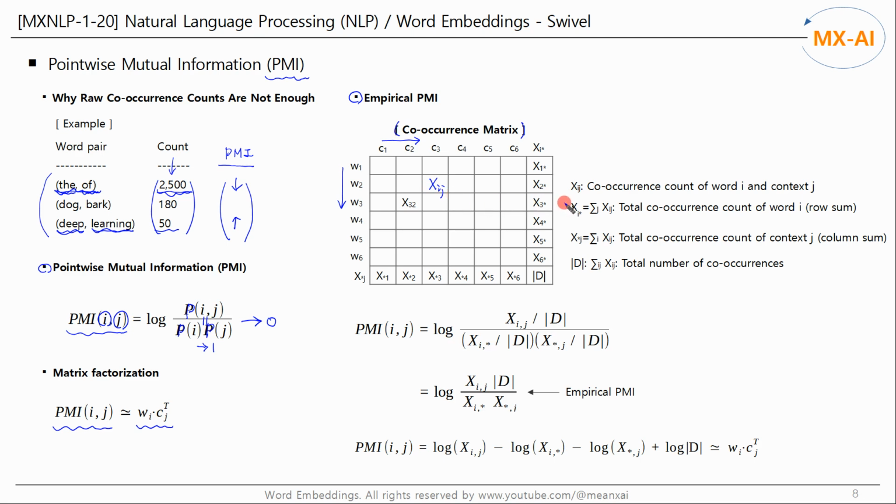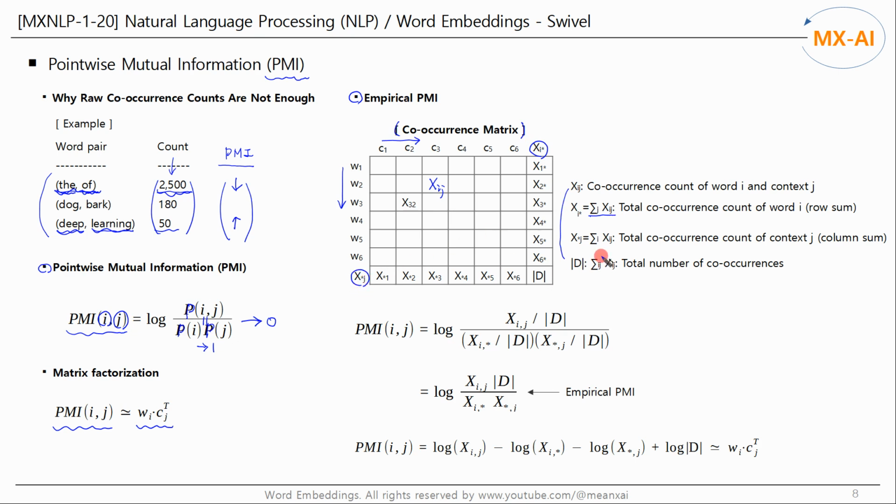To convert these counts into probabilities, we first compute a few useful totals. The value Xi* is the sum of all the entries in row i. In other words, it represents the total number of co-occurrences involving target word Wi.